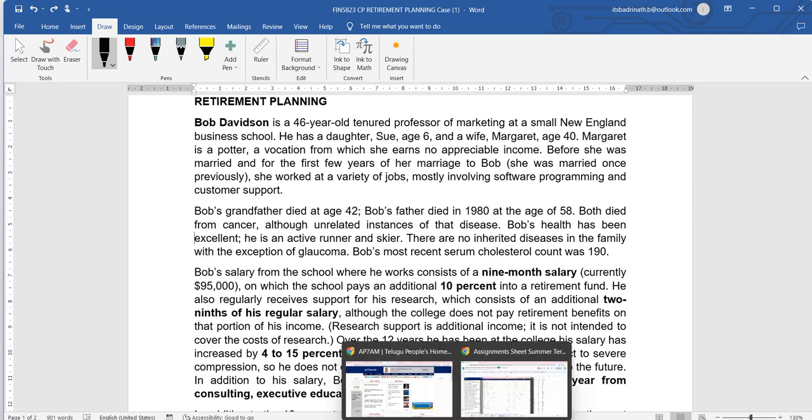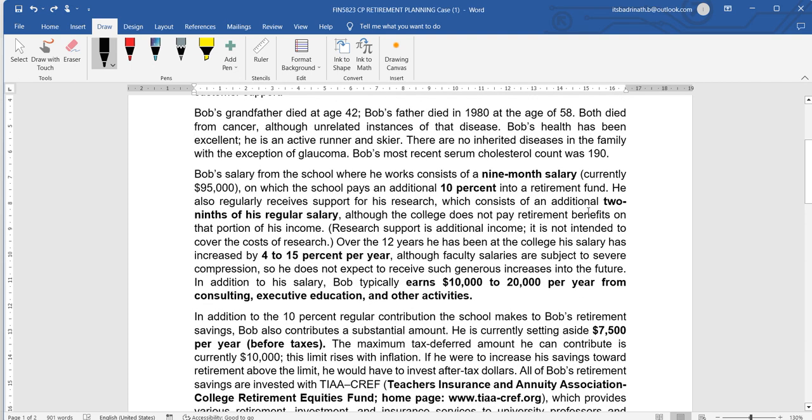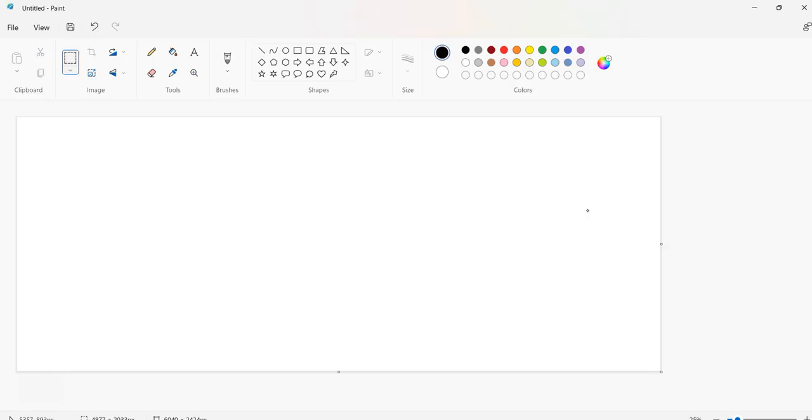Next, he gets 9 months salary because of his work at school. He gets 95,000 dollars, and the company pays 10% as a retirement fund. So let us take total savings.